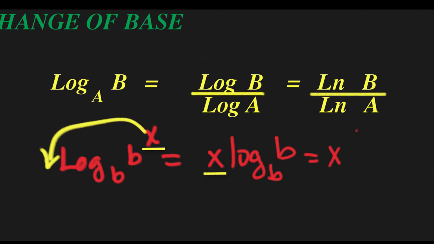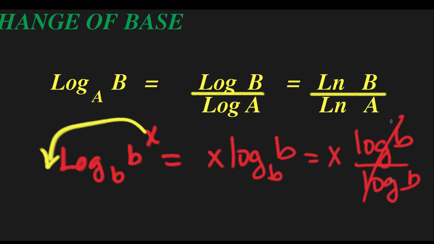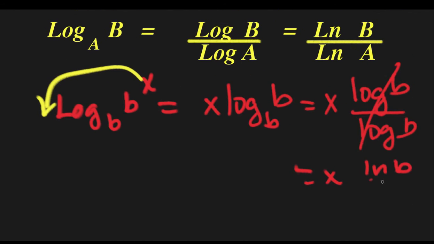And then if you use this change of base, you can see that that's going to simplify into which cancels out. Or if you did ln, it would have simplified into which also cancels out, leaving you that exponent term you originally had. All right, so that's the change of base.